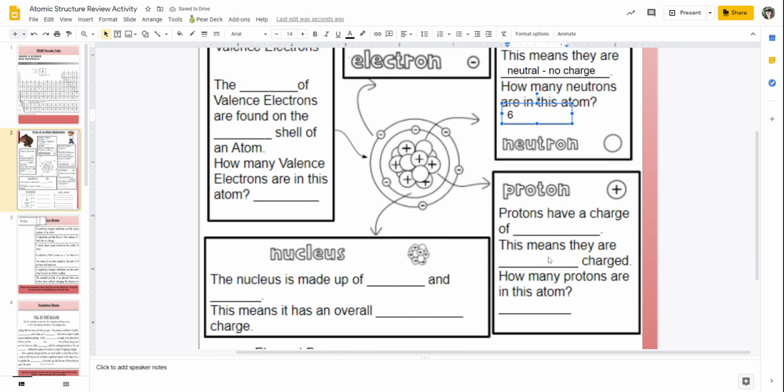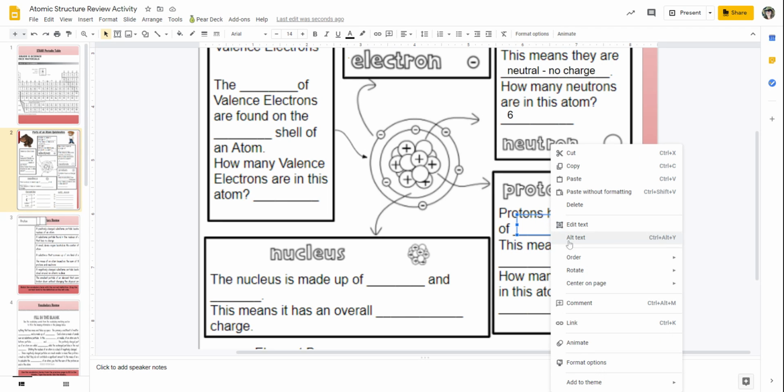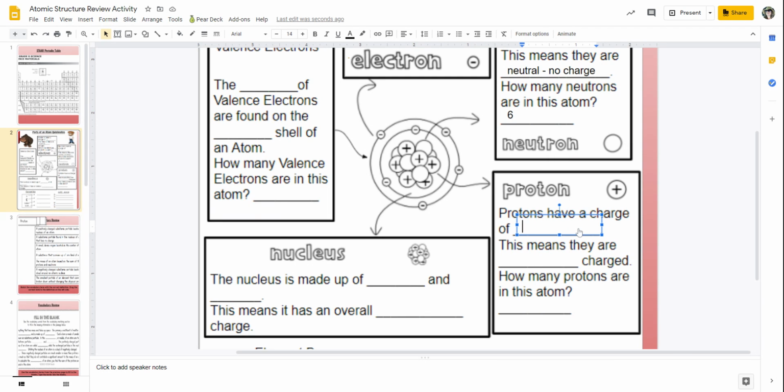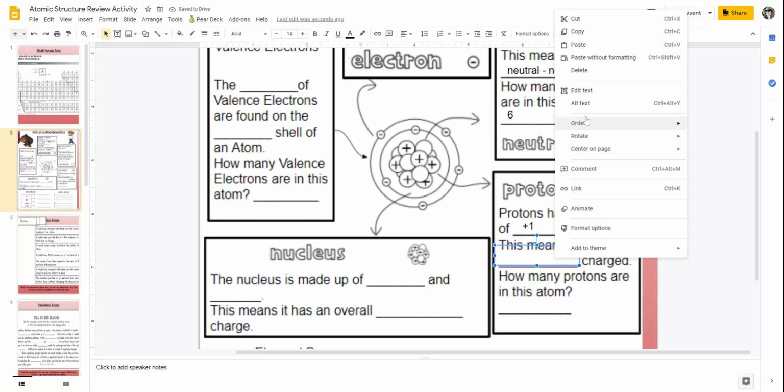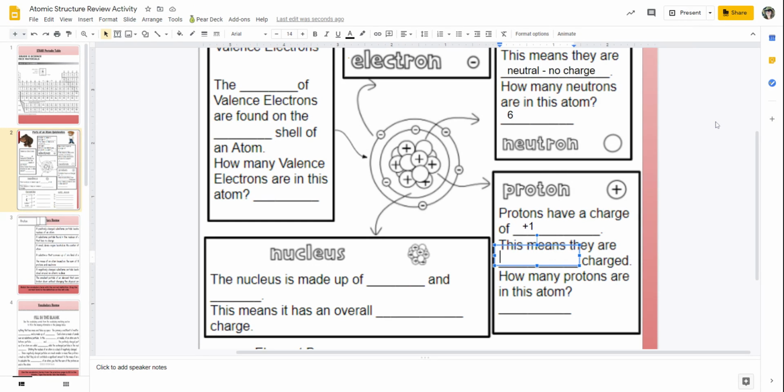And then we have protons. Protons have a charge of +1. That means that they are positively charged. How many protons are in this atom? Well, we have 1, 2, 3, 4, 5, 6 protons.